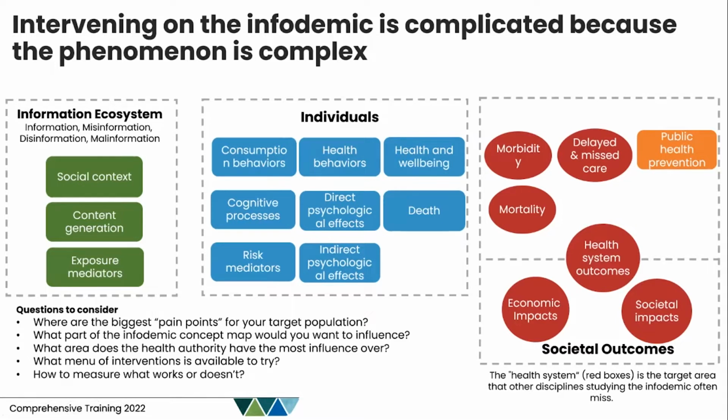And then, of course, all of that affects also the ability of the health system to not only communicate with the communities, but the health system may be affected even with delayed and missed care and overburdened healthcare services due to people changing their health behaviors due to the infodemic.